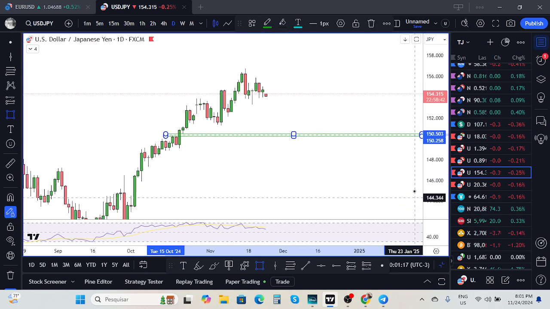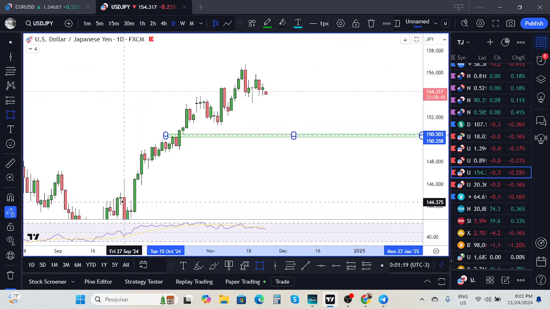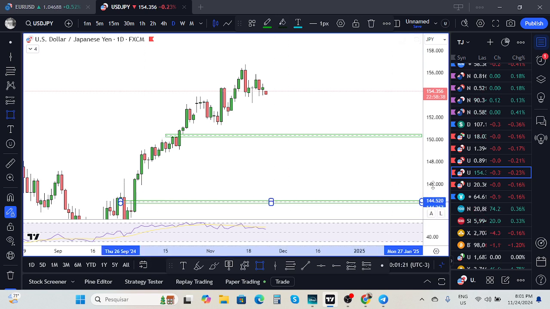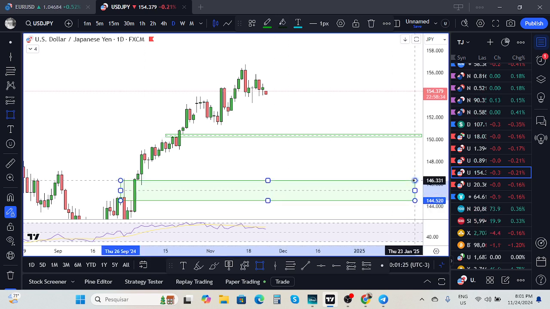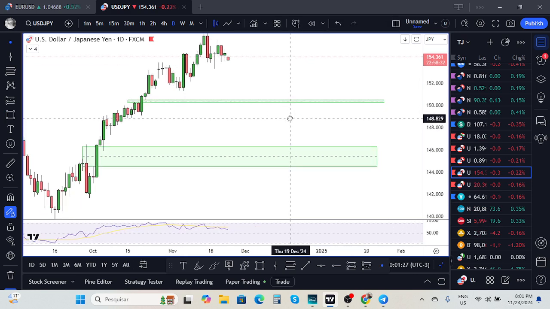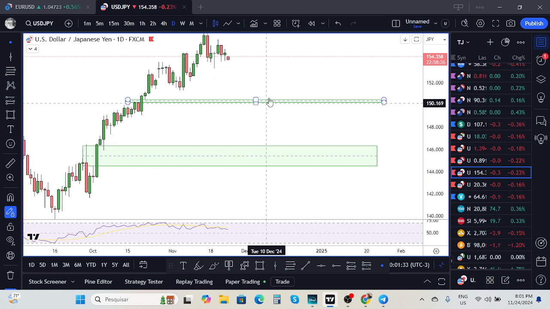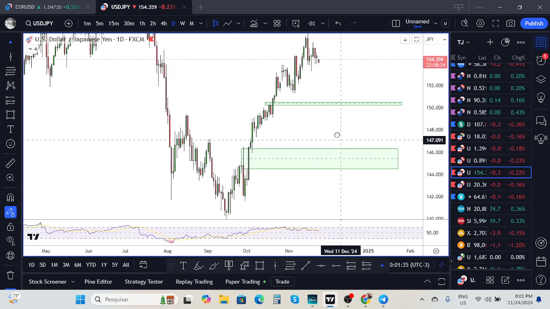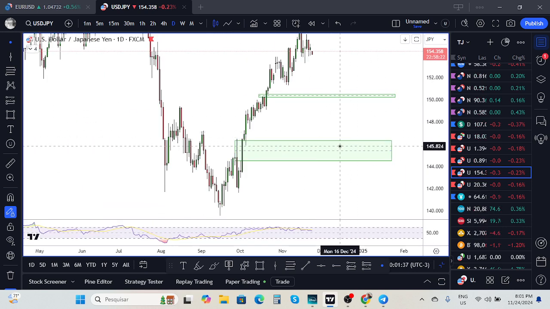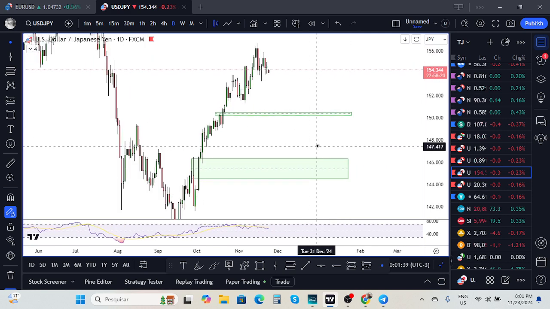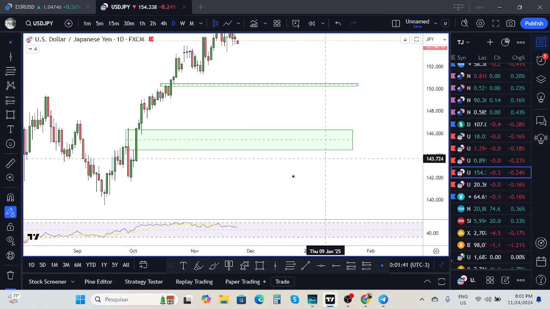We also have another one right here that was partially tested before the market went up. So I'm expecting price to come all the way down here. It's going to happen, so you don't want to miss out on this. These are interesting moves you want to catch once they start happening.